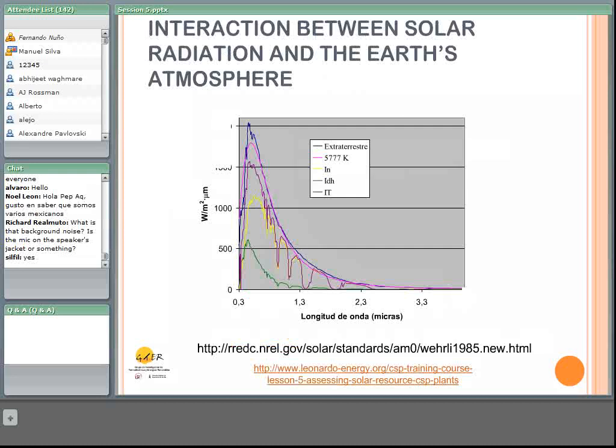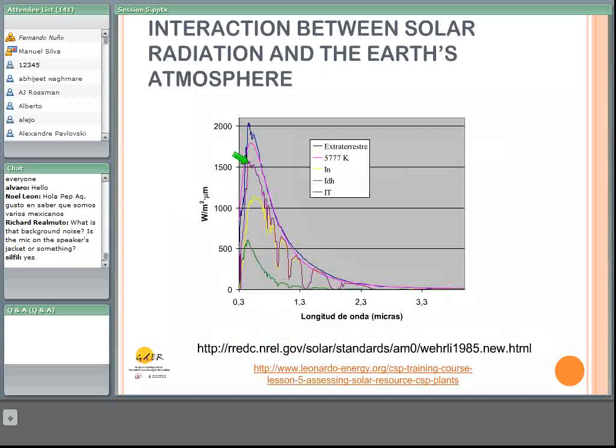This slide shows the extraterrestrial solar spectrum in blue, and also the spectrum of the direct component in yellow and of the diffuse component in green. The sum of both of them makes the global irradiance, which is shown in this magenta color.